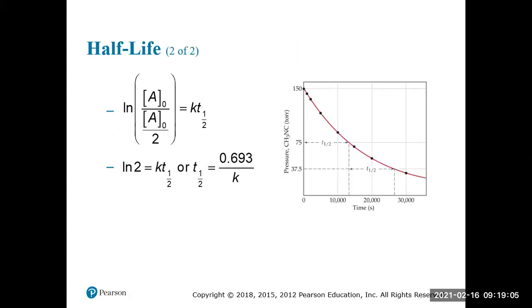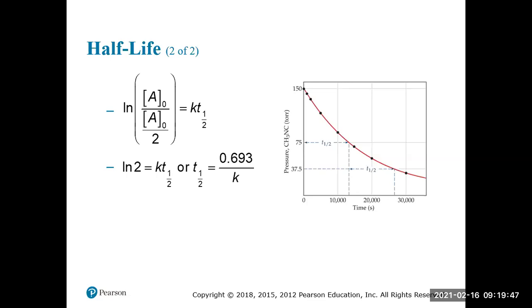Now what we get is natural log of A0 divided by A0 over 2 equals K T 1/2. If we flip that A0 over 2 in the denominator, we see that the A0s cancel out, and we're left with simply the natural log of 2 equals K T to the half. Natural log of 2 is where this 0.693 comes from.